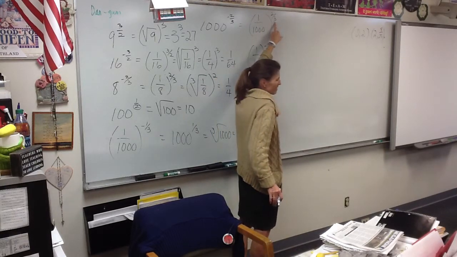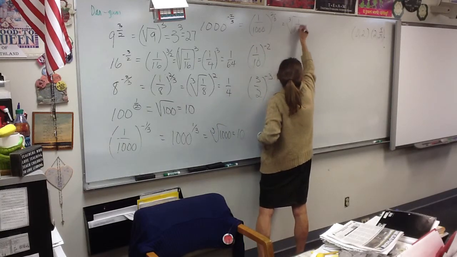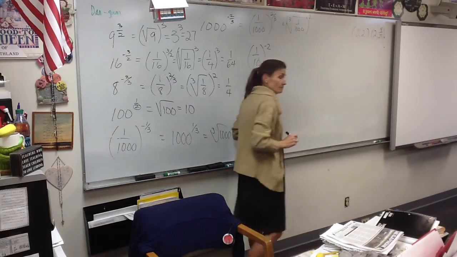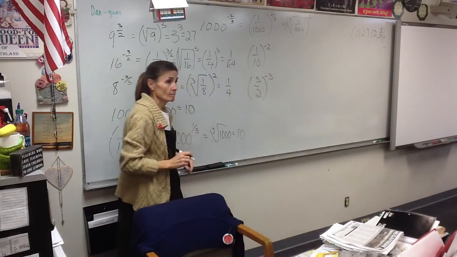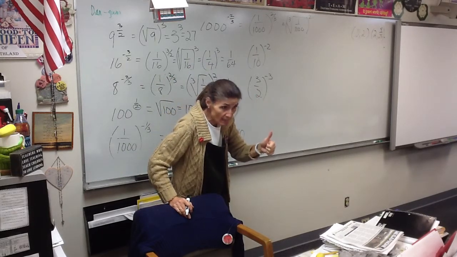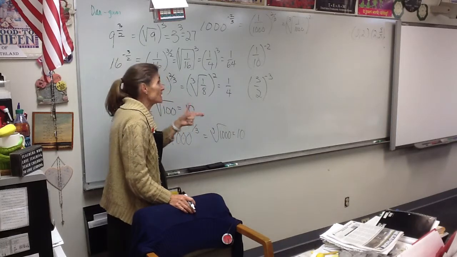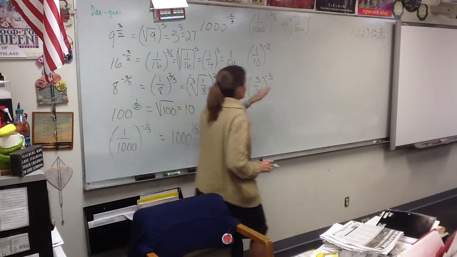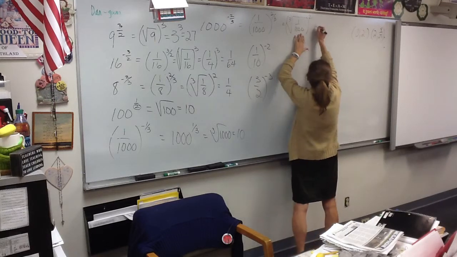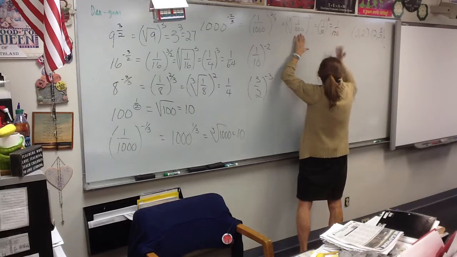What's that 3 mean right there? That means the cube root of 1/1000 squared. The denominator tells you which root you're taking. The numerator tells you what power you are taking it to. So what's the cube root of 1/1000? 1/10. Squared, 1/100.